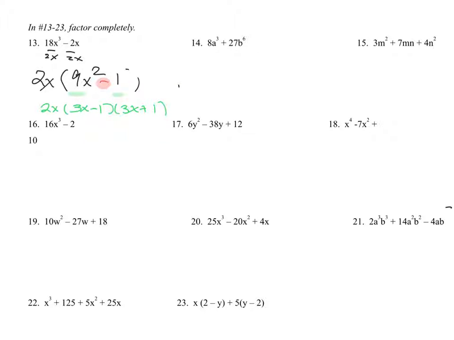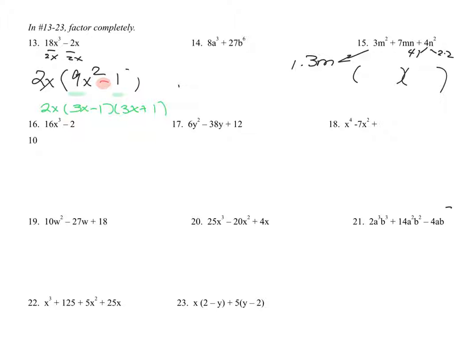Next one, 3 terms. Do we have a GCF? No. So if we don't have a GCF, this is going to go in factored form like this. Our first term, the factors are going to be 3 and 1, and the last is going to be 2 and 2, or 4 and 1 with an N on the back.